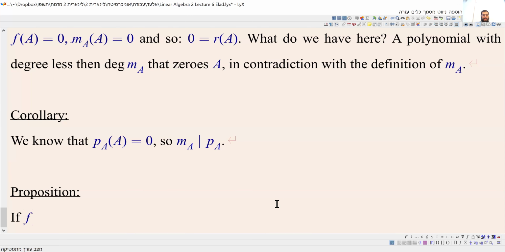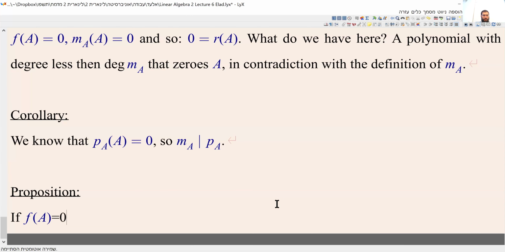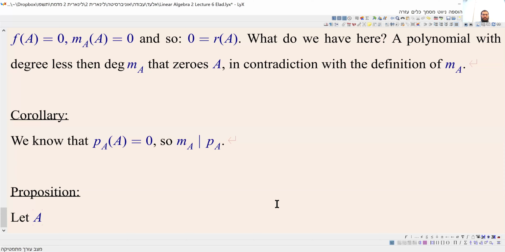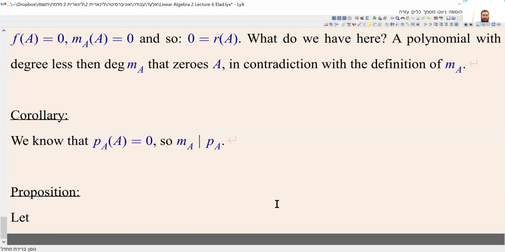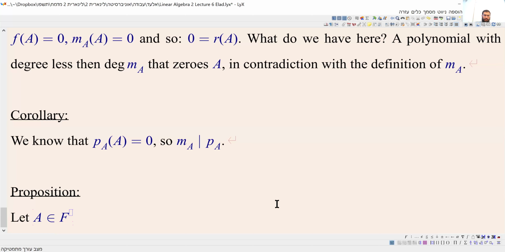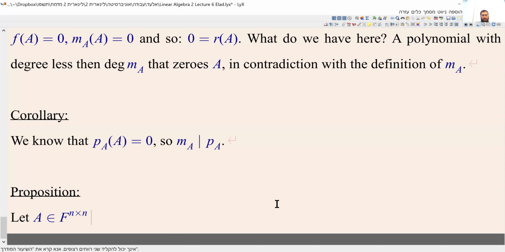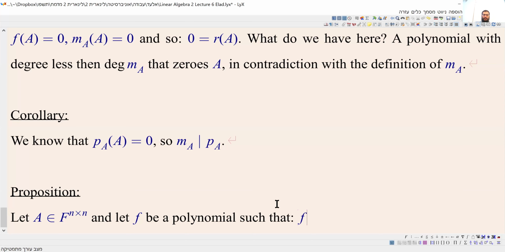Let's write more precisely. Let A be some matrix of order n, and let f be a polynomial such that f(A) is zero.